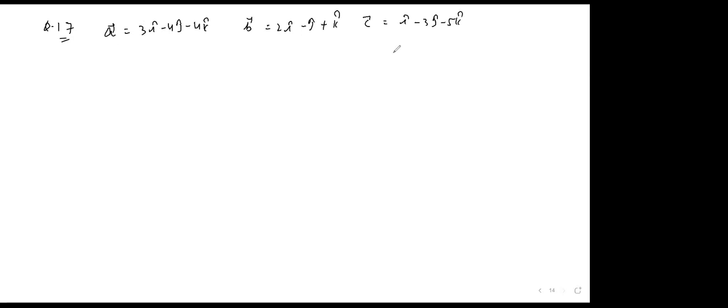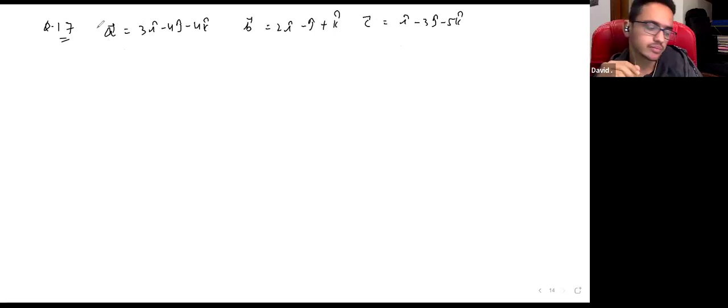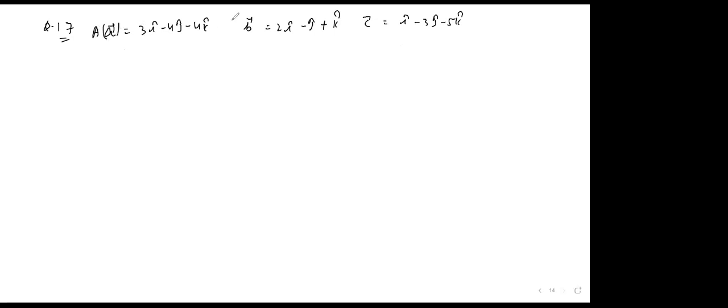So these are the position vectors. This is position vector of A, this is of B, and this is of C.